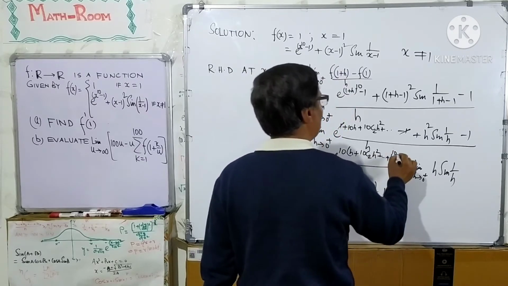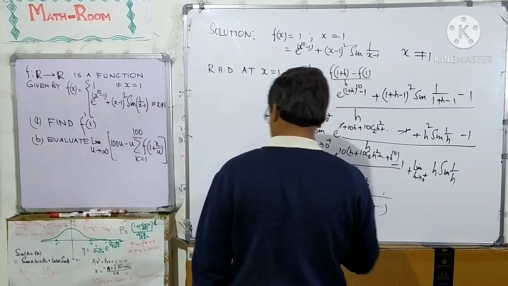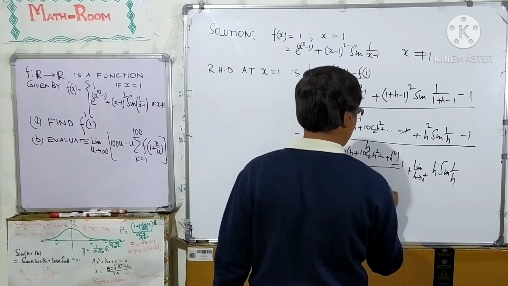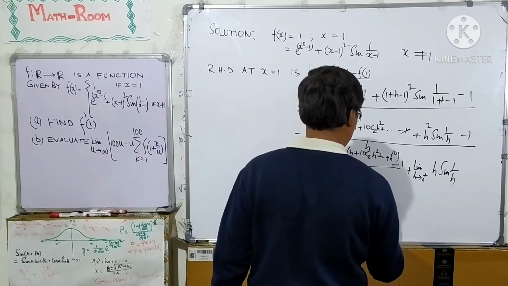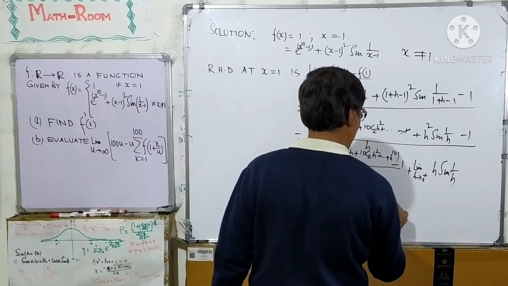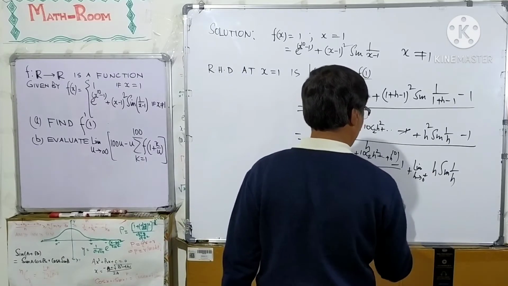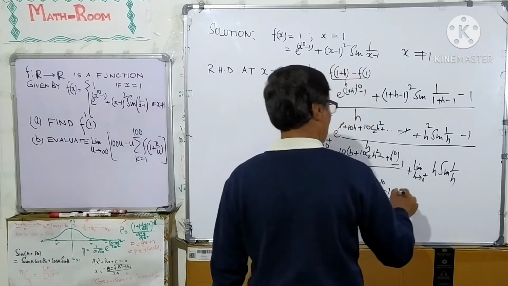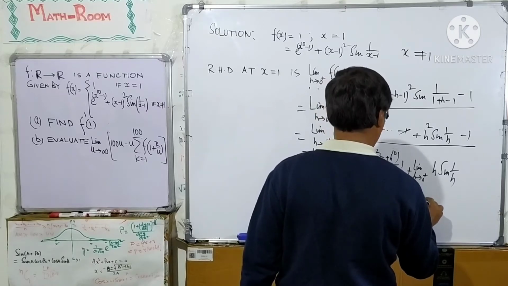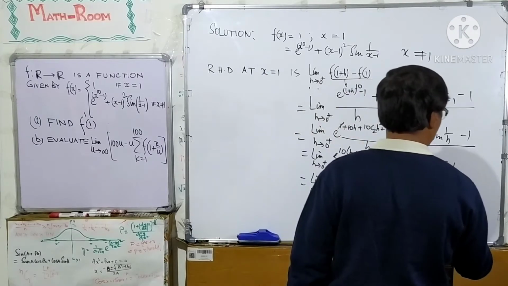The last term is h to the power 10, and also here the last term is h to the power 9 we shall write, and also this minus 1 into 10 plus 10C2 h plus h to the power 9, and also this limit is 0.